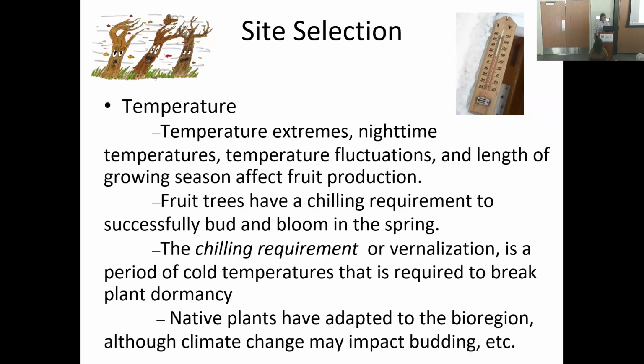If the plant's not getting that, and unfortunately with our changing climate, some of that's changing. The good thing about native plants is they have adapted to the bioregion that we're in. And it could be, though, that some of the climate change may impact budding.